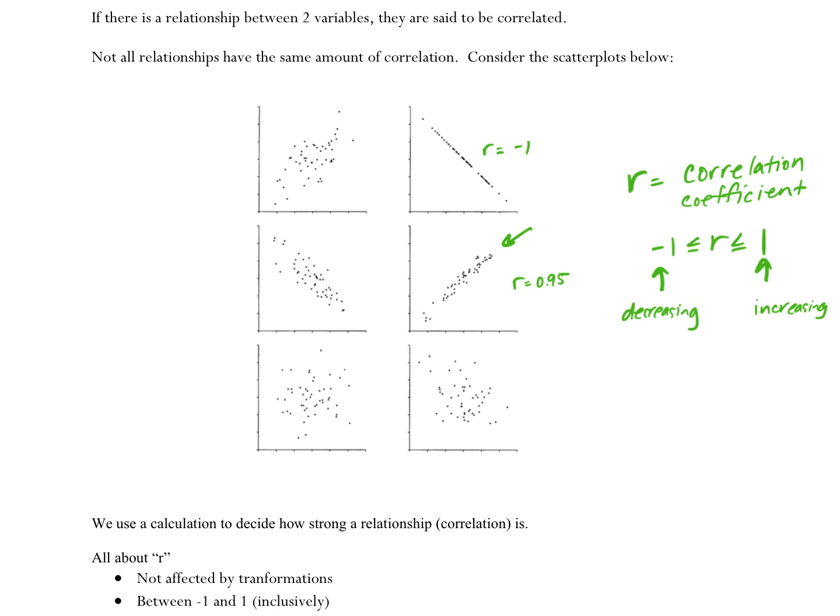All right, so my R value will be negative because it's decreasing, but it's going to be close to 0, maybe R equals -0.15. So R equals 0 would mean no relationship. There's no correlation between the two variables. Okay.